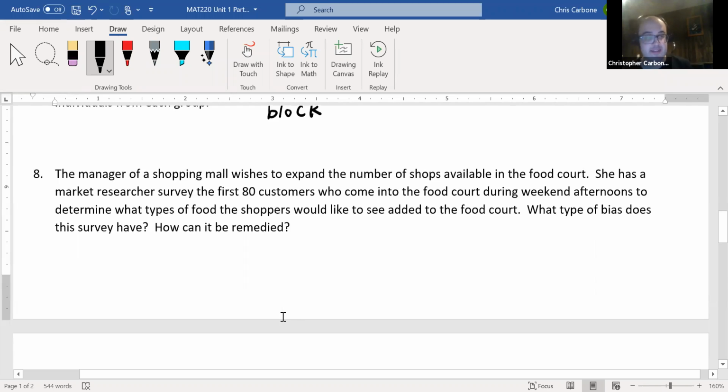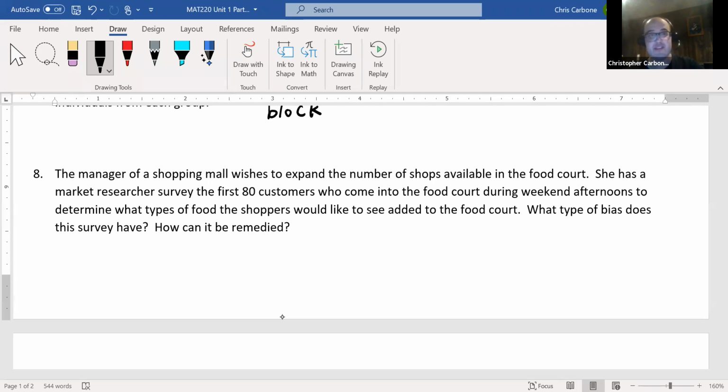For question number 8, we have the manager of a shopping mall who wishes to expand the number of shops available in the food court. She has a market researcher survey the first 80 customers who come into the food court during weekend afternoons to determine what types of food the shoppers would like to see added to the food court.